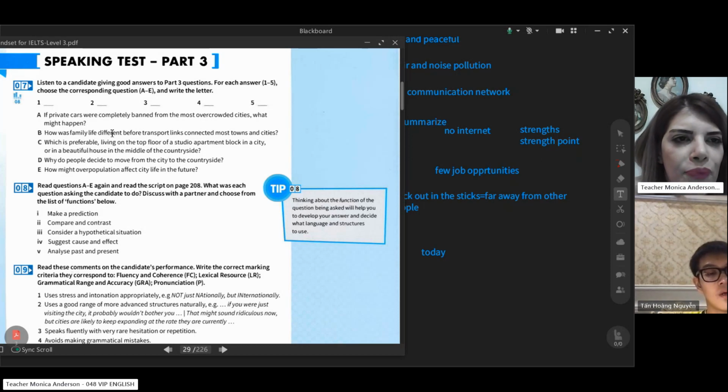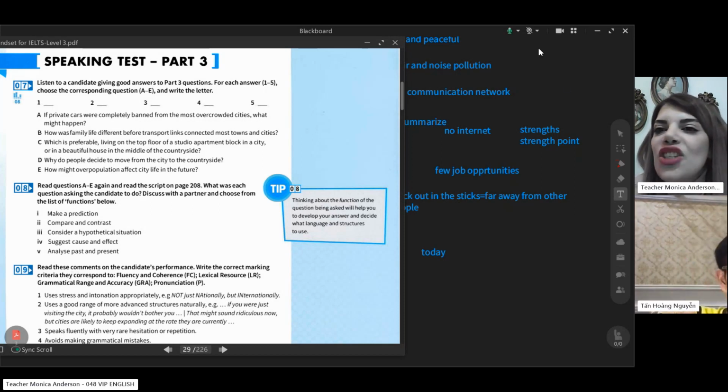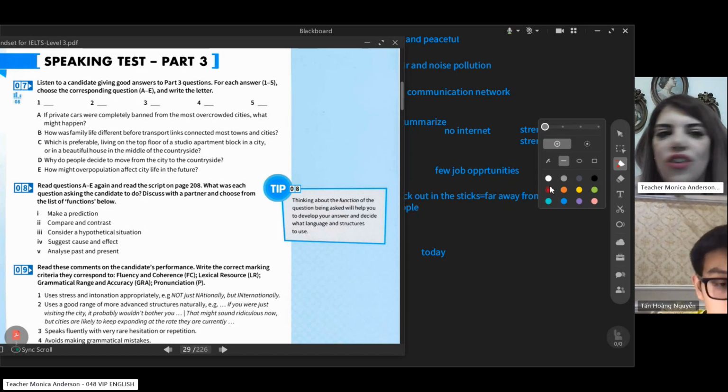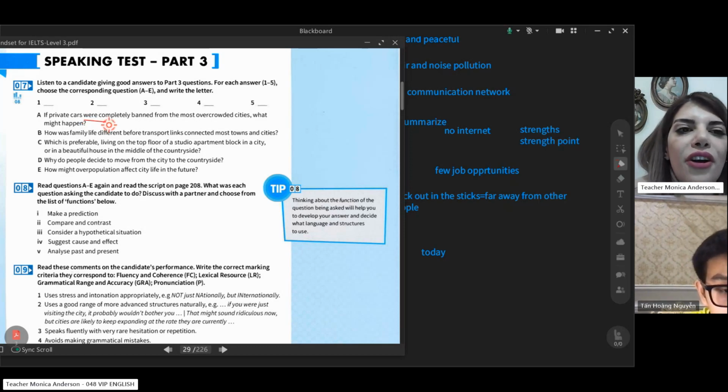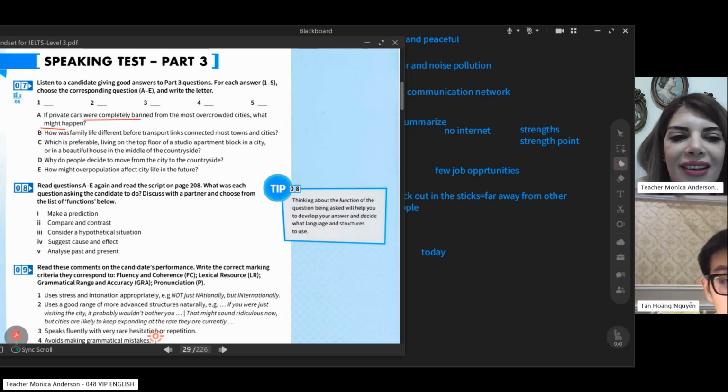Okay. The first one: if private cars were completely banned from the most overcrowded cities, what might happen? Let's have a look at this word. Were banned, I think, what might happen? So, I remember the number.